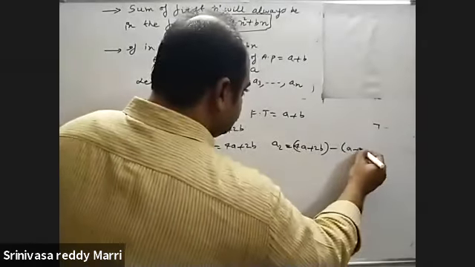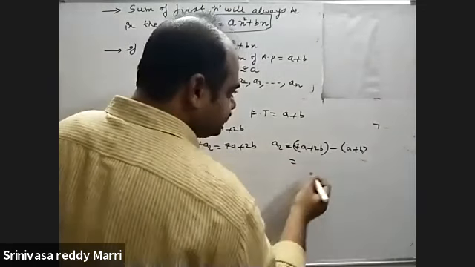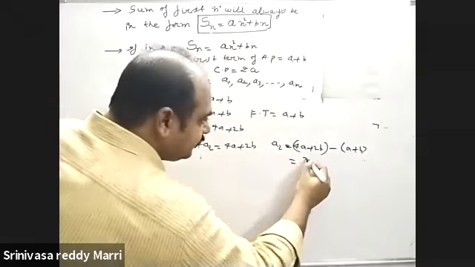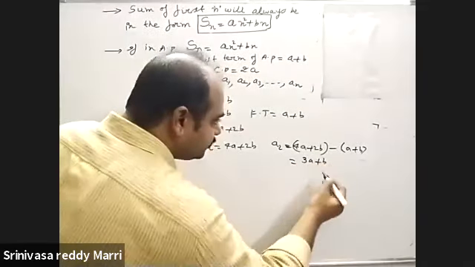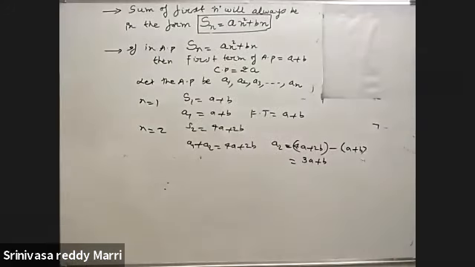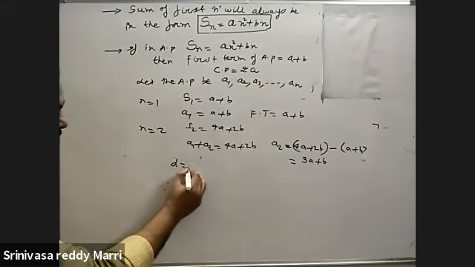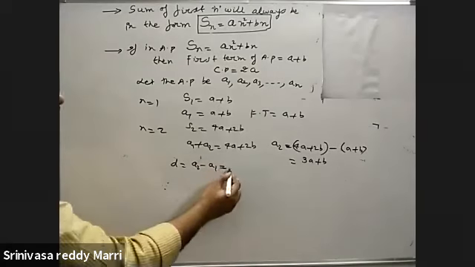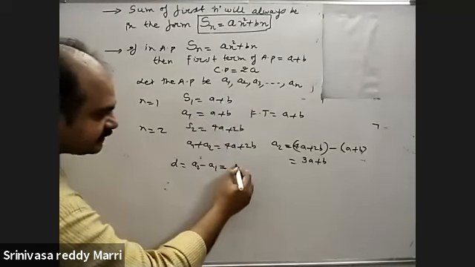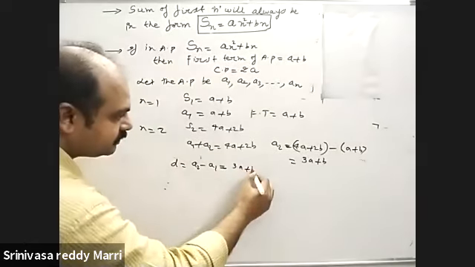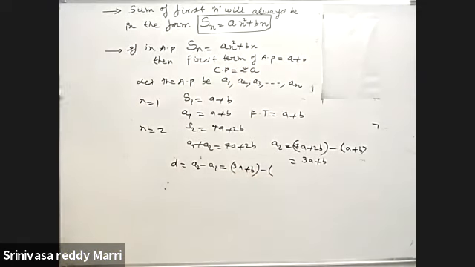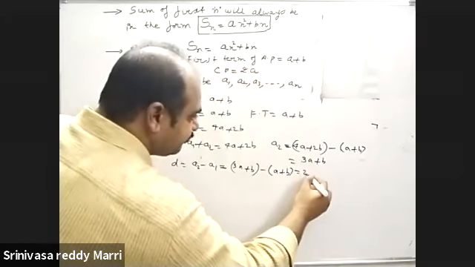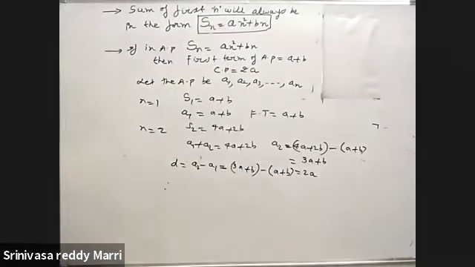A1 you know, so this is 3A plus B. Now the common difference of the AP, D equal to A2 minus A1, the second term minus the first term. So 3A plus B minus the first term A plus B is nothing but 2A.